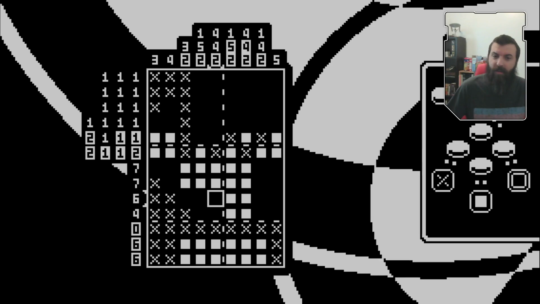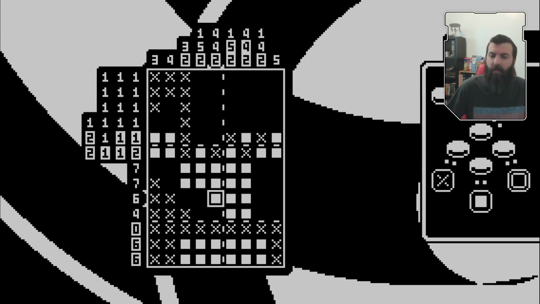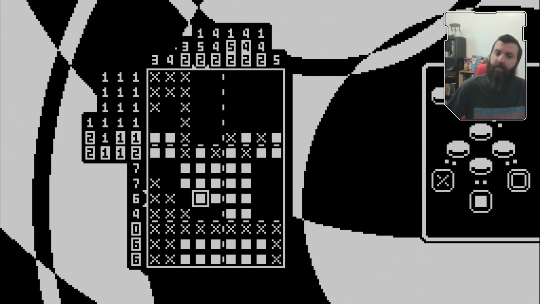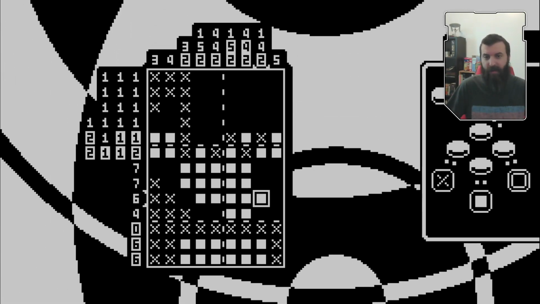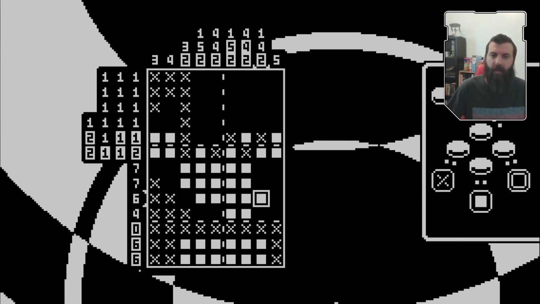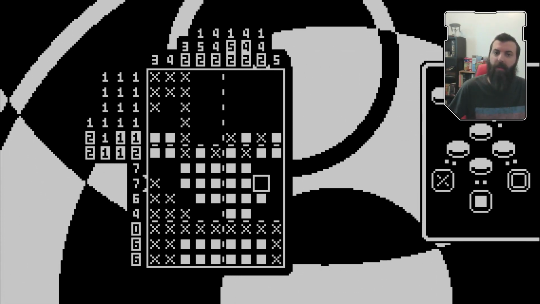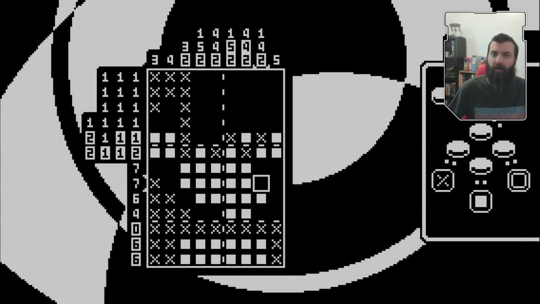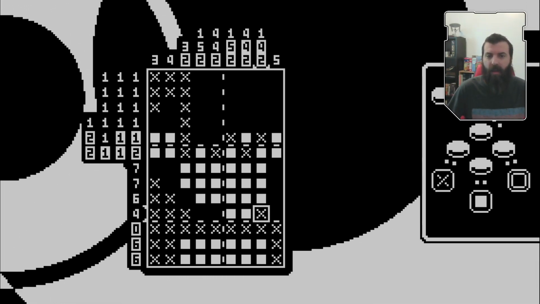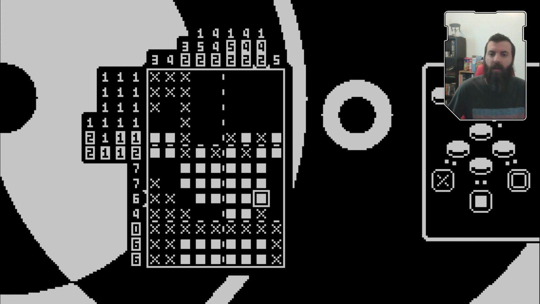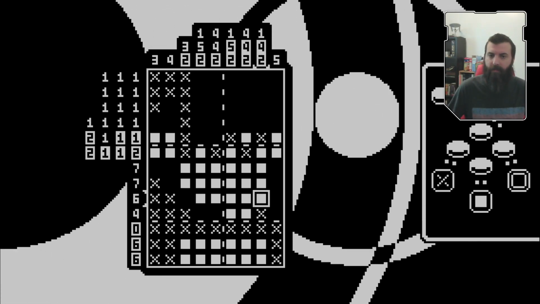Our horizontal 6 here, even in its rightmost arrangement, is going to have to fill in the leftmost arrangement. Have to fill in this. That gives us enough to fill our vertical 1, 4, 2, or at least the 4 part of it. Have to make our 4.